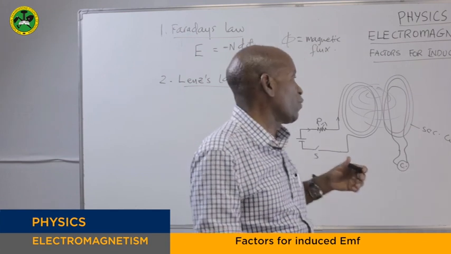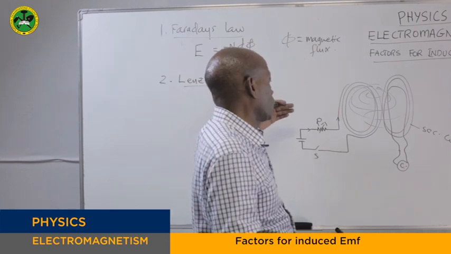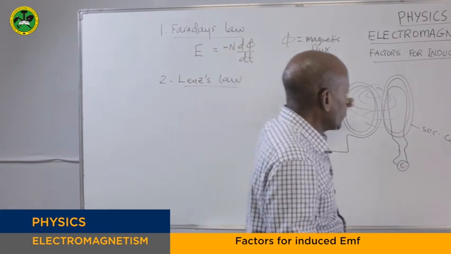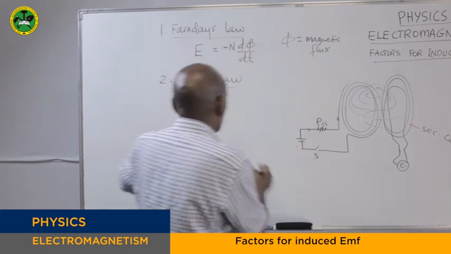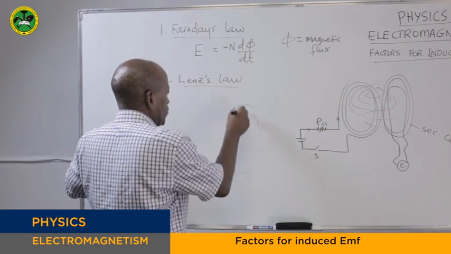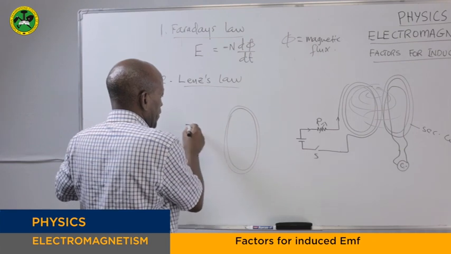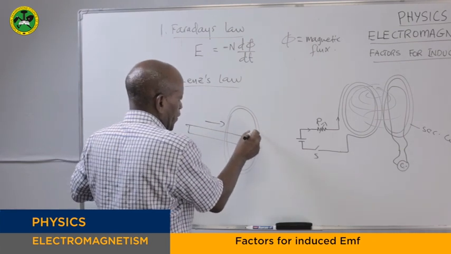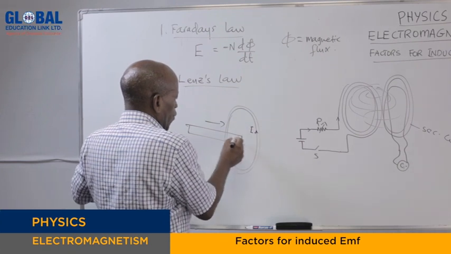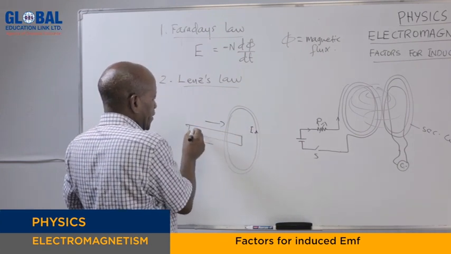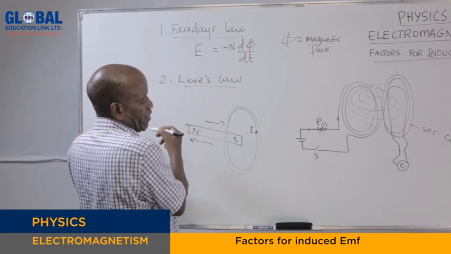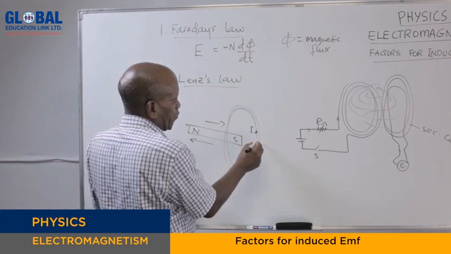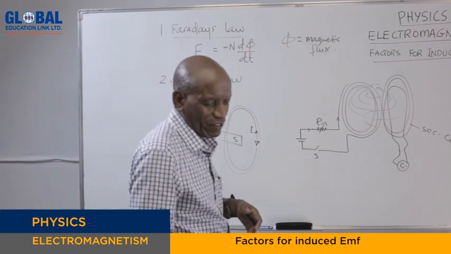If it were a magnet we are moving towards a coil, and the current were flowing in this direction, whenever you recede the magnet, the current will flow in the opposite direction.